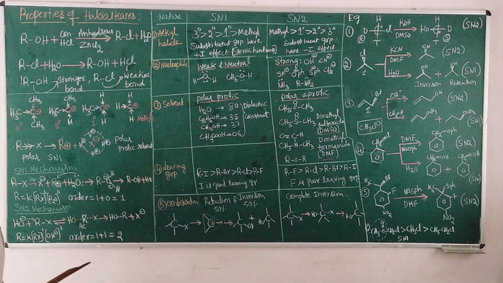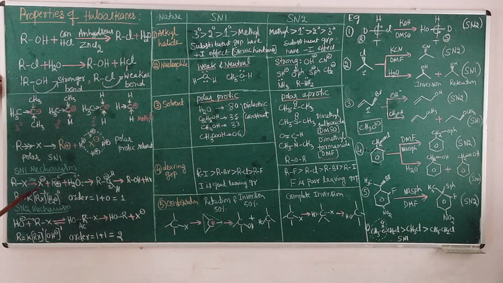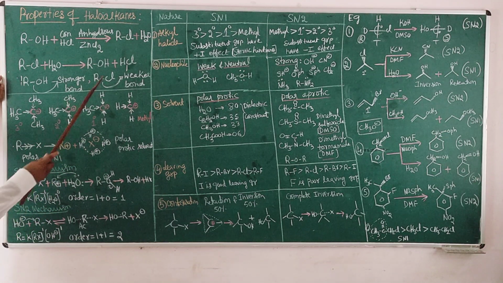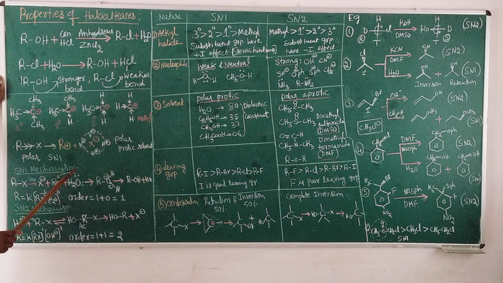These solvents will favor this reaction, this mechanism, because after the bond breaks into two ions, that is a carbocation and a halogen anion, this is stabilized by the presence of the substituent group.